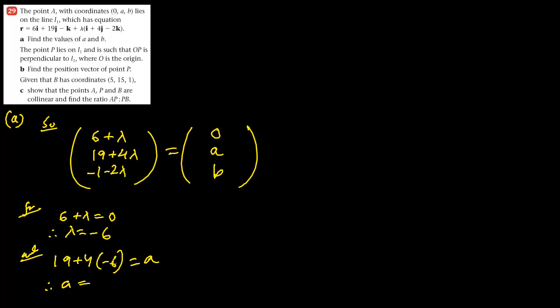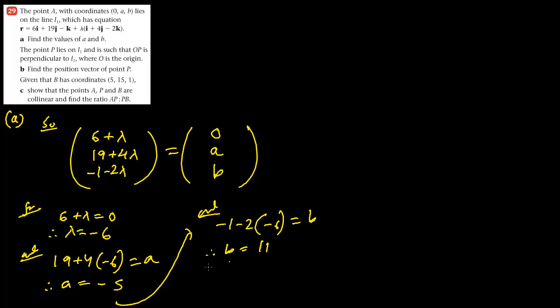Therefore, a equals 19 minus 24, which turns out to be minus 5. And minus 1 minus 2 lambda, with lambda minus 6, equals b. Therefore, b equals 12 minus 1, which is 11. So we got the answer: a equals minus 5, b equals 11. Question number B.